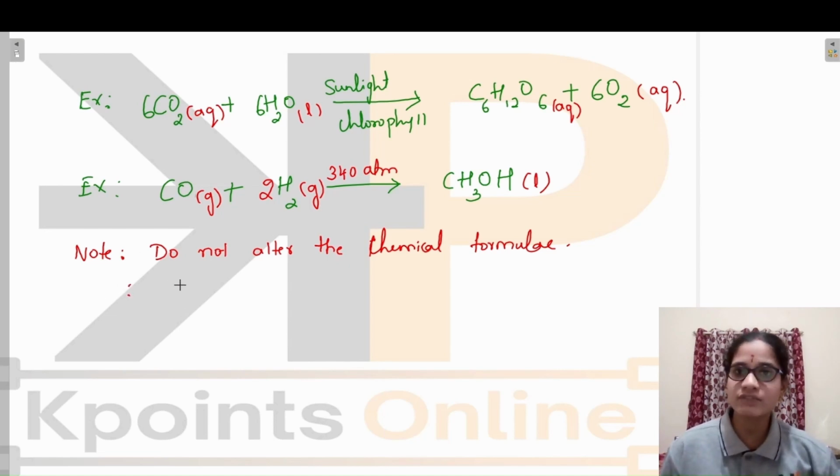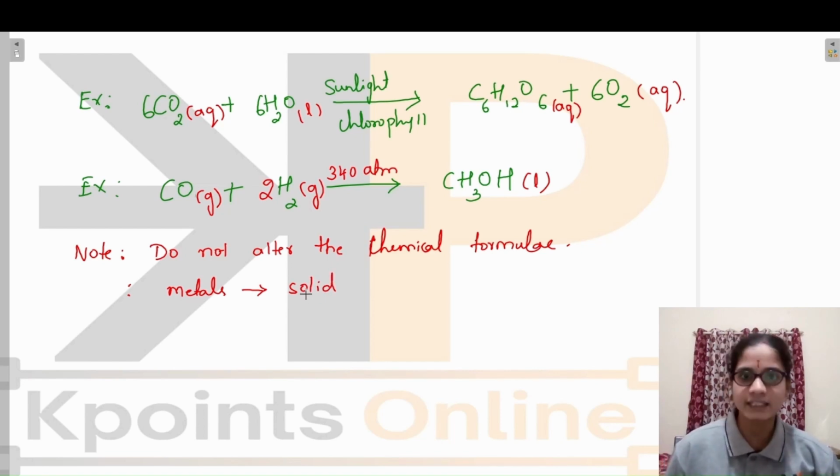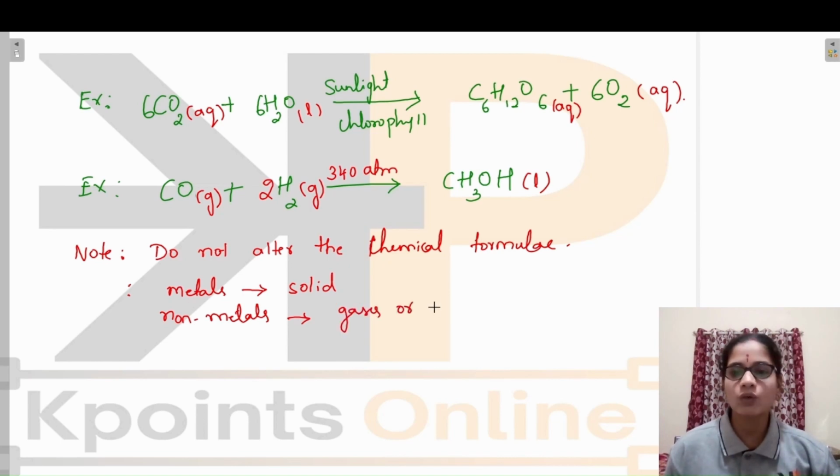Then, to note about the physical state symbols, we cannot always remember all the states of reactants and products. So we can have some general specifications. Metals are solid, although there may be some exceptions, but we can have a general idea about it. Non-metals are generally gases or solids.